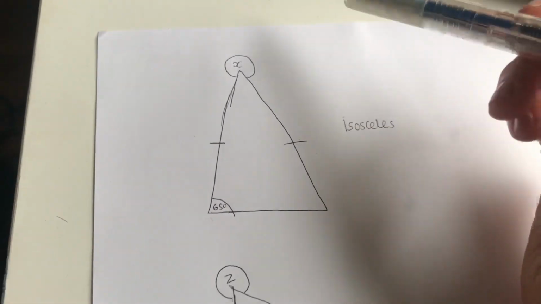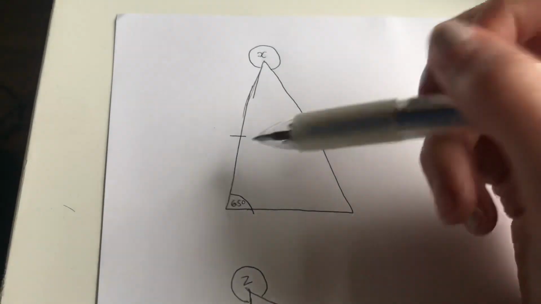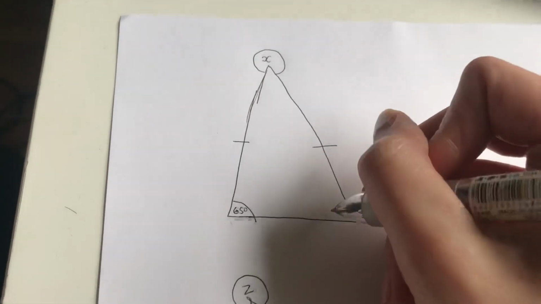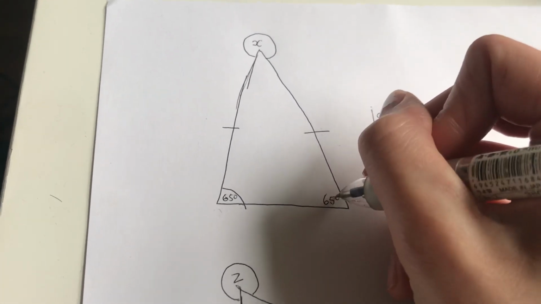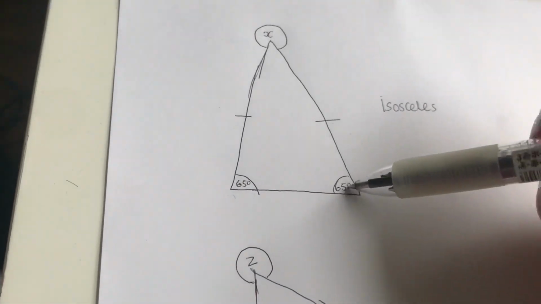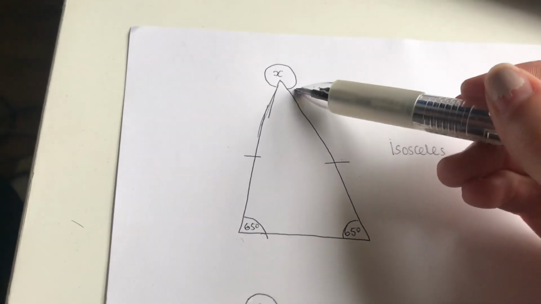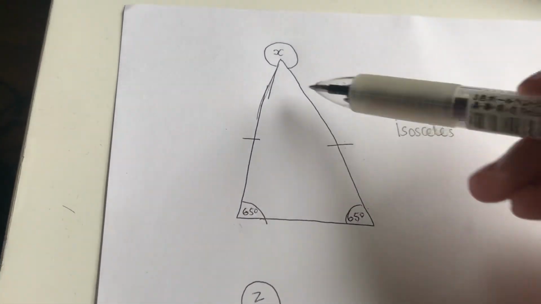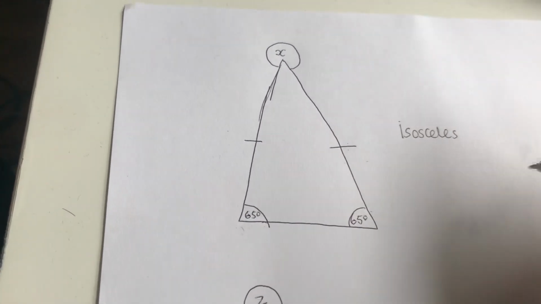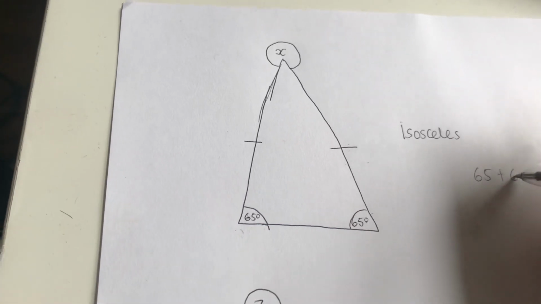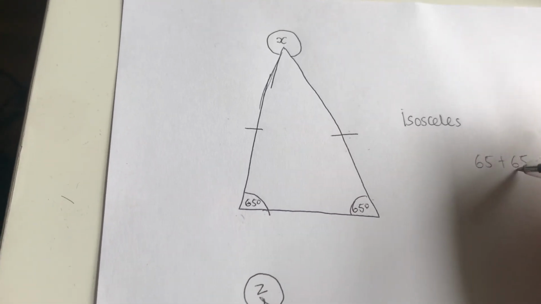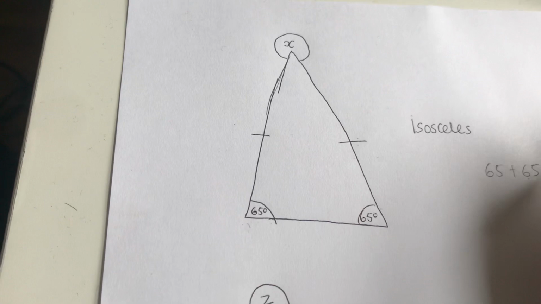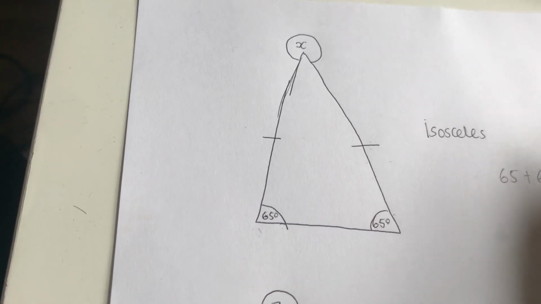So we need to look at the information we have been given. So we have been given this 65 here. So we know that this one has also got to be 65. Well, how is that going to help us find angle X? Well, we also know that angles in a triangle add up to 180, don't we? So 65 plus 65, well, I'm going to do 60 add 60 is 120, and 5 add 5 is 10, so that's 130 degrees.